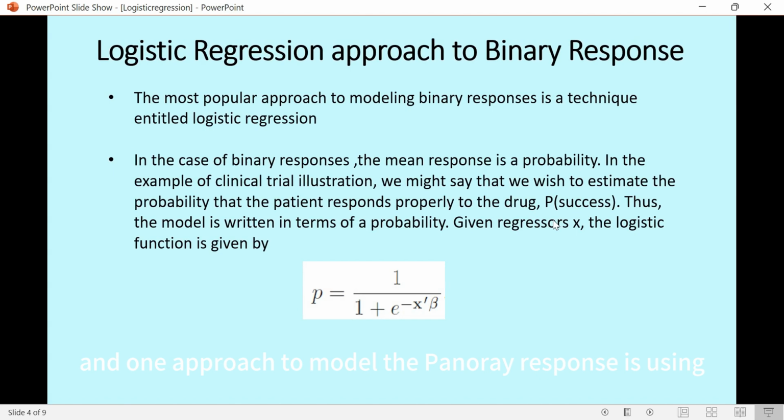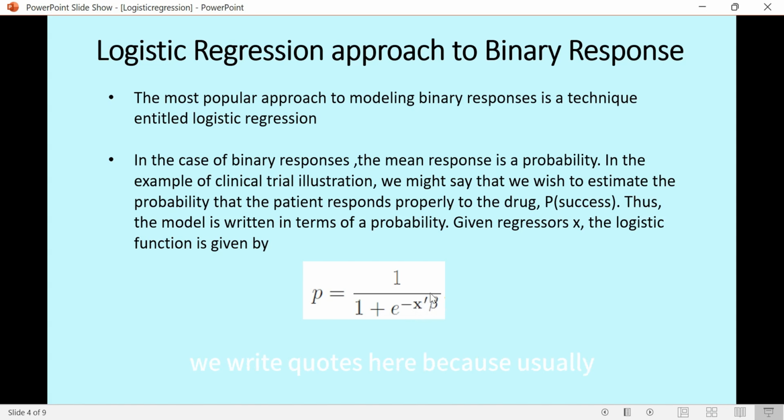One approach to model the binary response is logistic regression. The probability is 1 divided by 1 plus e to the power of minus x' beta.